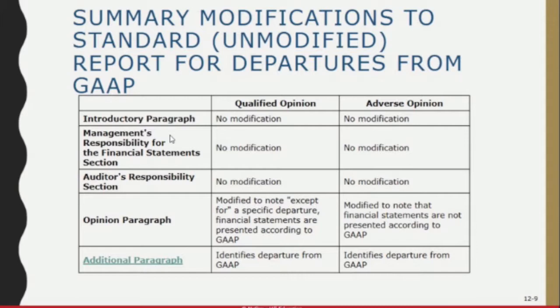So they're communicating to the reader why they're qualifying the opinion. The qualification is not a bad thing, right? It's just that the auditor wants to bring attention to the reader: we can't say that everything is in accordance with GAAP. It's not pervasive, but here's a situation where it's material and it's a departure from GAAP. So they add that explanatory paragraph.